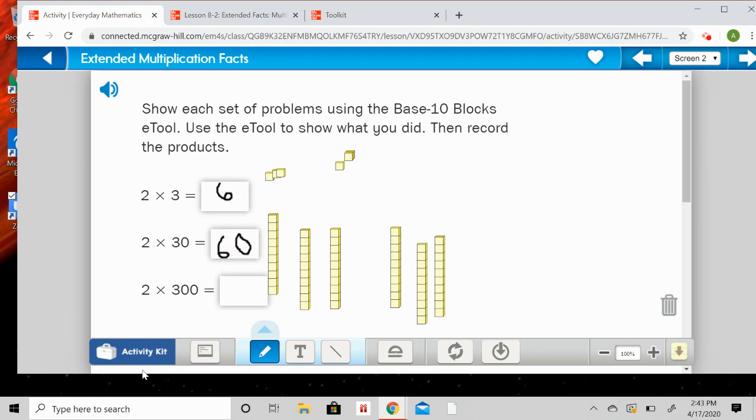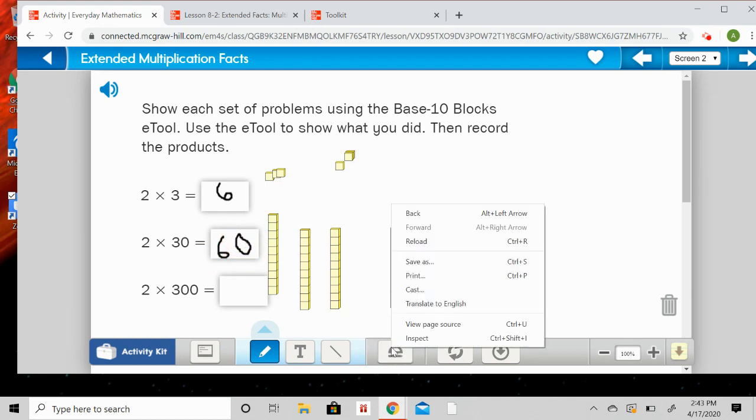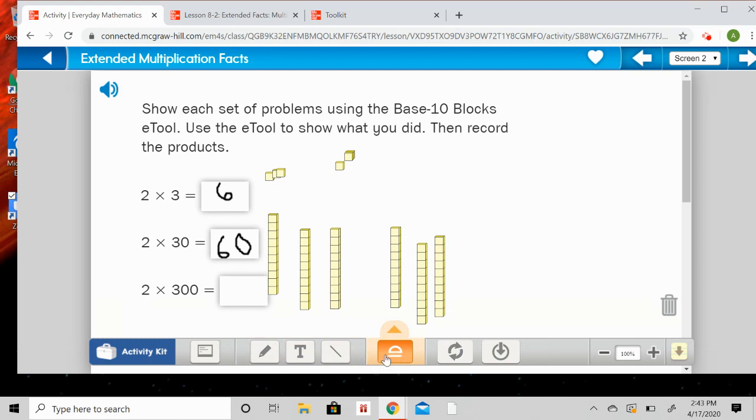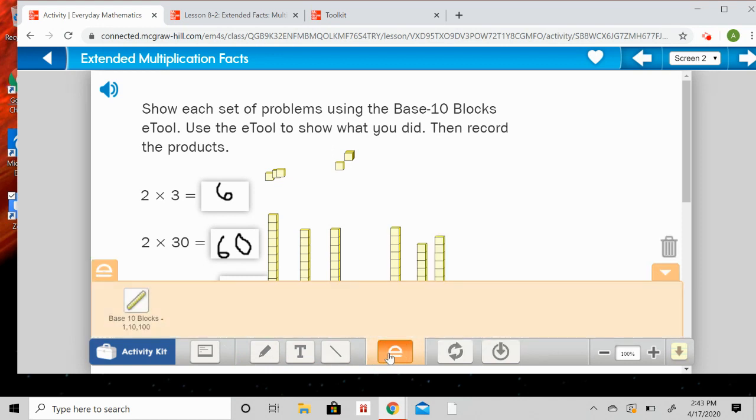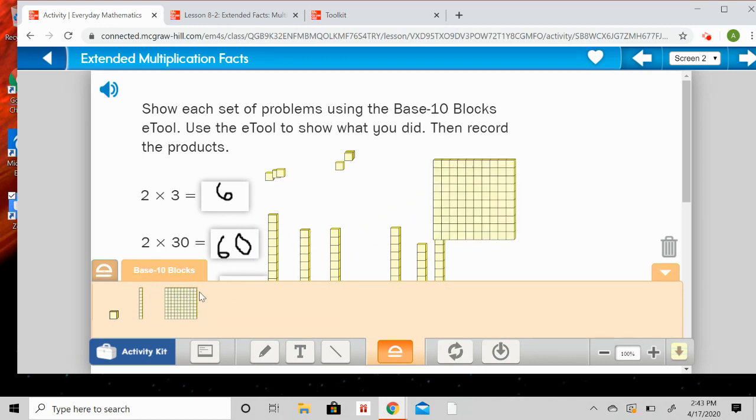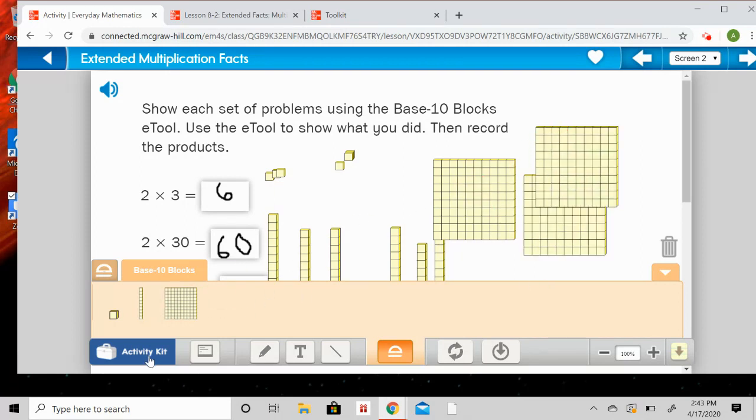Now for the last one, 2 times 300, I'm going to take my base 10 blocks. This time I'm going to use my flats, and I'm going to make 2 sets of 300. 100, 200, 300. 100, 200, 300.